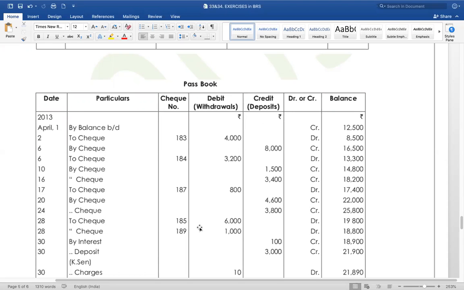Since it's a statement, it is given in columns; otherwise, in account form, this is the debit side and this is the credit side. Every time money goes out of your account, it is written here, and every time money gets deposited in your account, it is recorded on the credit column.